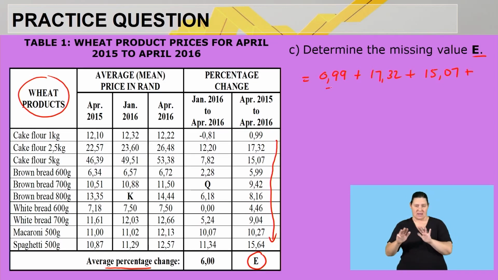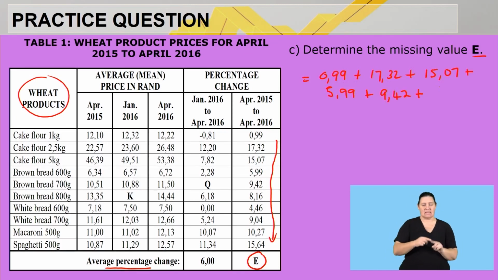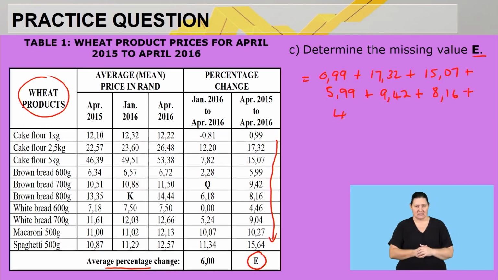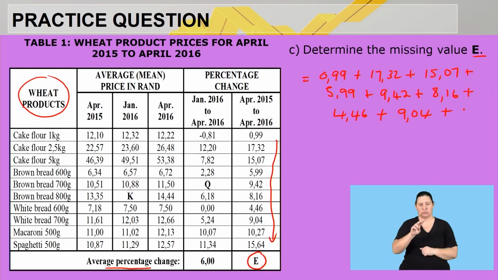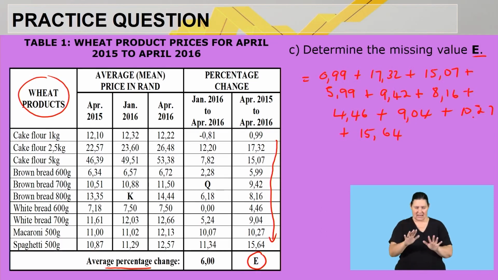Plus 5.99% plus my 9.42% plus 8.16% plus, I'm going to add my 4.46 plus my 9.04 plus 10.27, and my last value here, or percentage for that matter, is 15.64. Let's quickly see that we have 10 numbers, 1, 2, 3, 4, 5, 6, 7, 8, 9, 10. So indeed, I have all my 10 numbers.